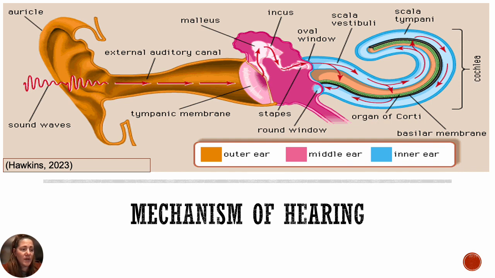Converting that mechanical vibrations or waves from the external environment into electrical impulses is what allows our brain to take that information and give it to us in a way that we can understand, process, and interpret what it is that we are hearing.